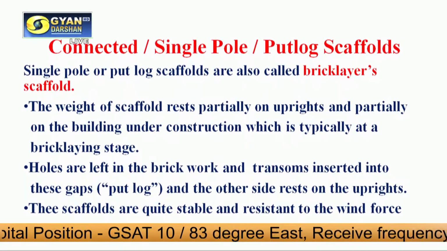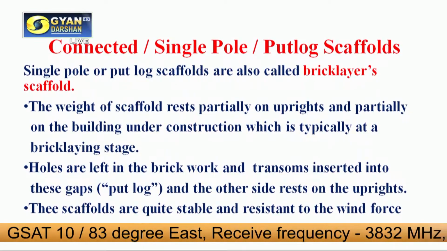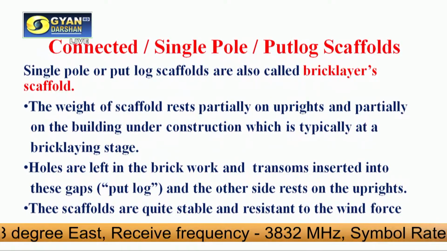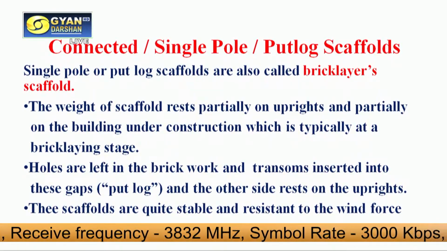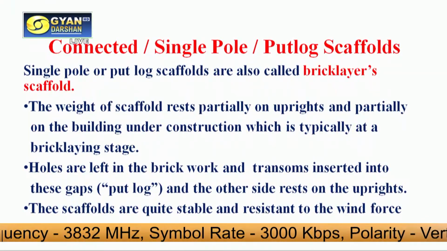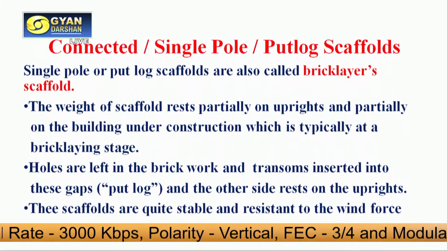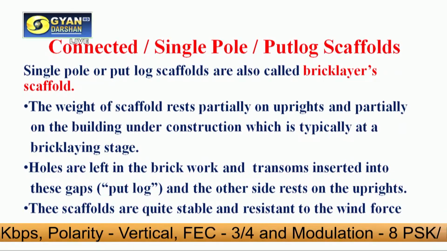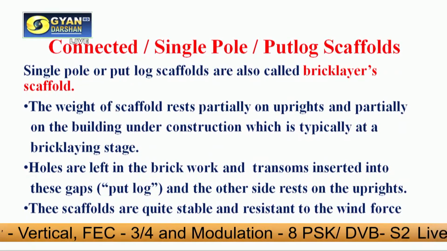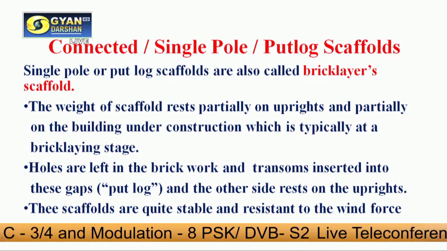So first one is connected because they are connected to the wall basically to get the support. Single pole because they are using a single line of uprights, and put logs because we are using put logs which provide the support from the wall.